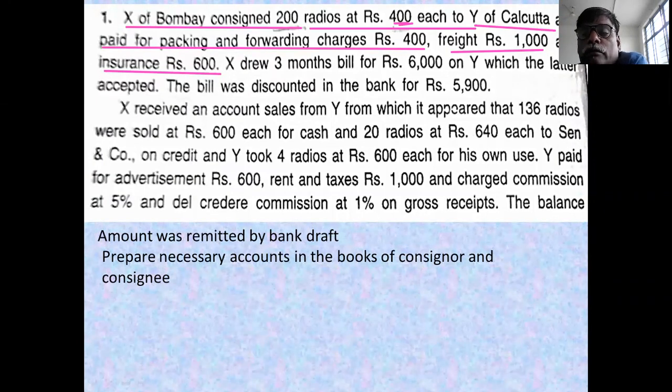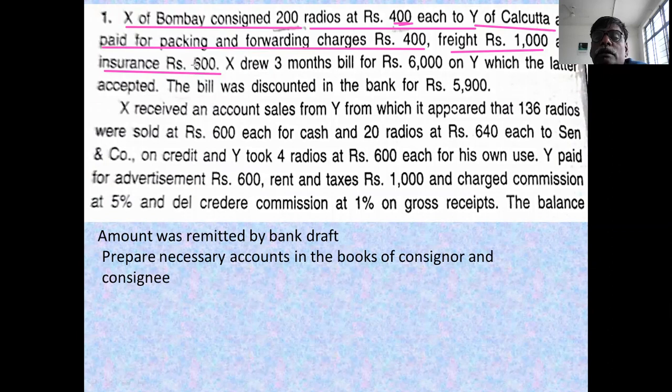Along with that he paid packing and forwarding charges 400, then freight for the goods 1000, and he insured the goods for 600. So there are three expenses: packing and forwarding 400, freight 1000, and insurance 600.